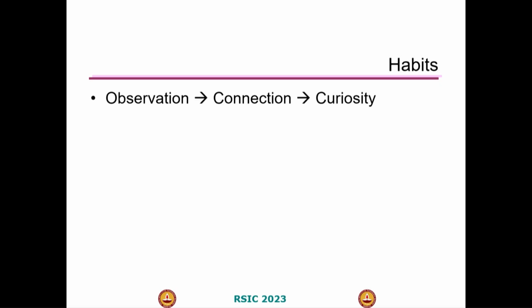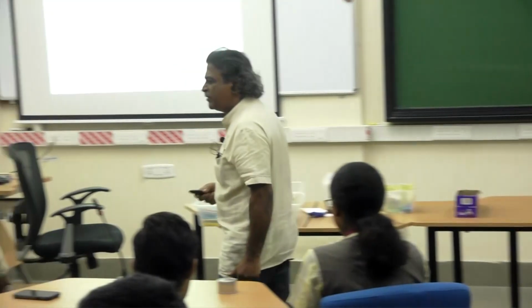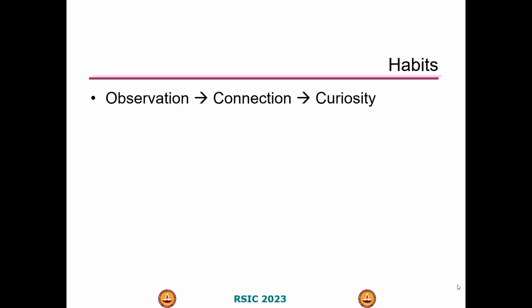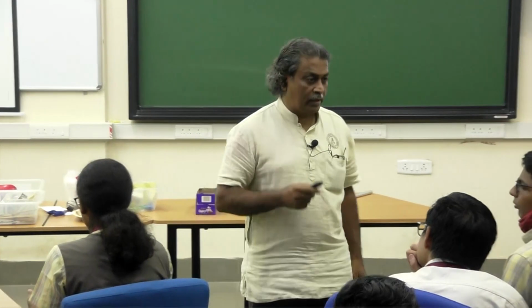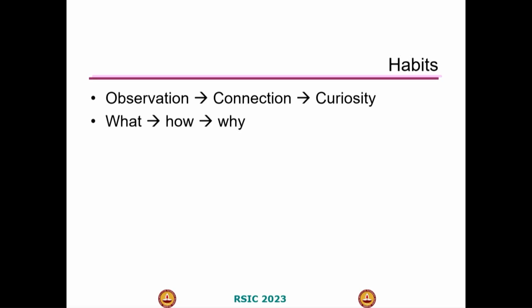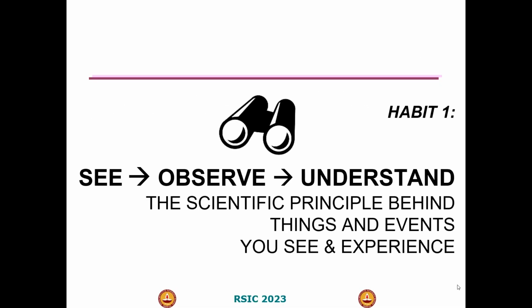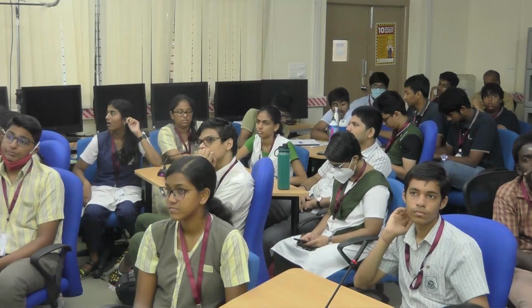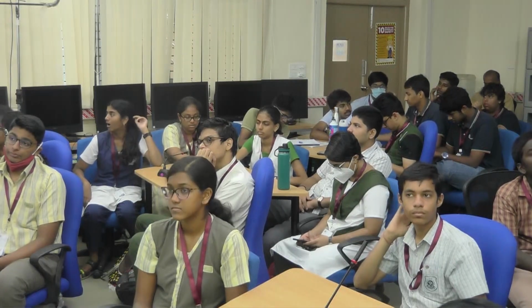You observe something, you connect to what is happening in that object, have that curiosity over and over as the first trait one should have as far as an inventor is concerned. So you'll ask this question: what, how, and then why. So this is habit 1. See, observe, understood. What, how, why.